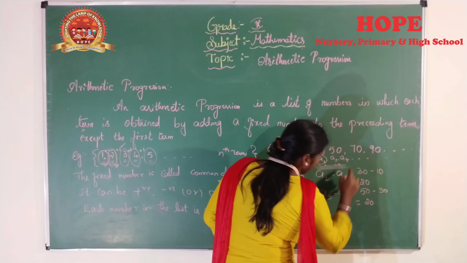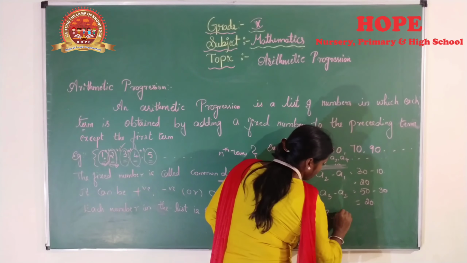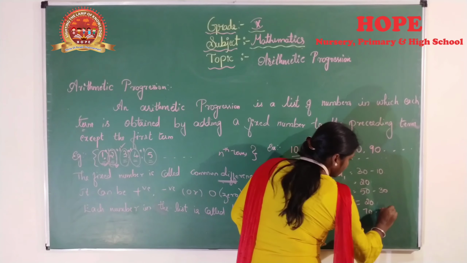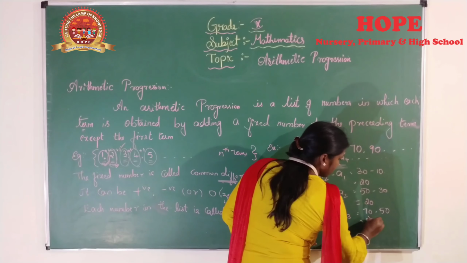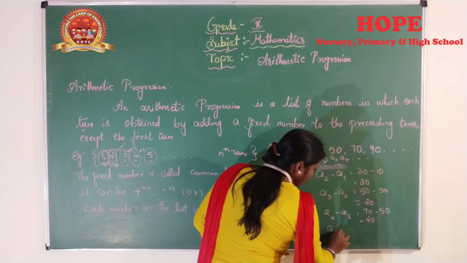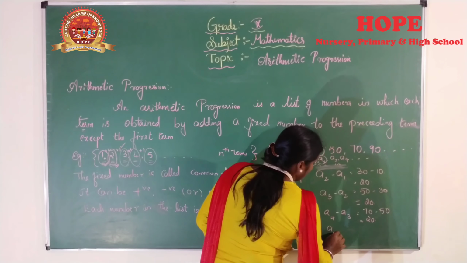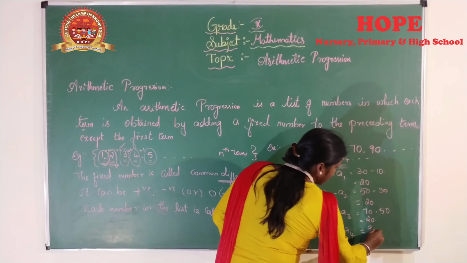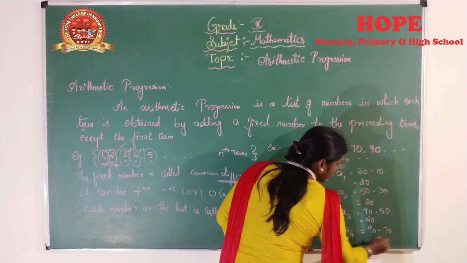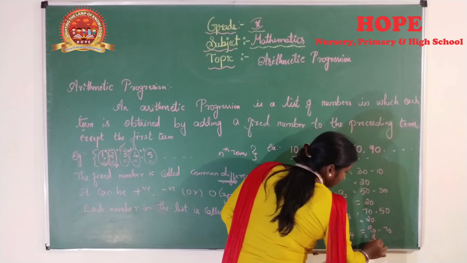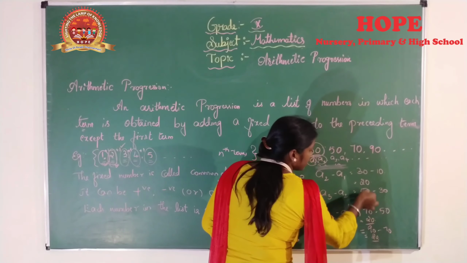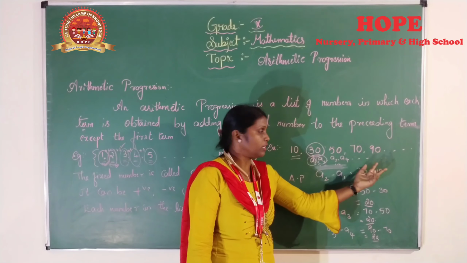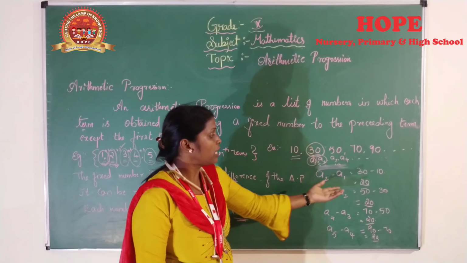Then again for A4 minus A3, 70 minus 50, again the difference is 20. For the last term, A5 minus A4, which is equal to 90 minus 70, which is again 20. So the common difference here is 20 between each and every term.